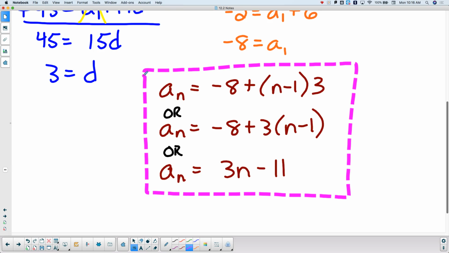If I put in 3 for n, I would get out negative 2, which is good. And if I put in 18, I'd get out 43, which is also good.